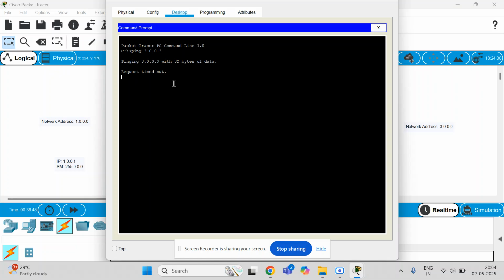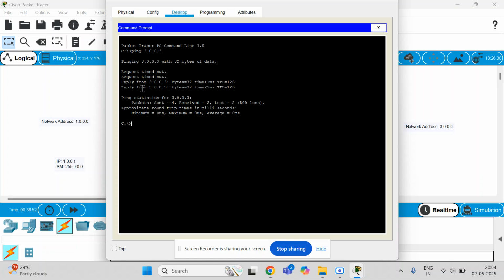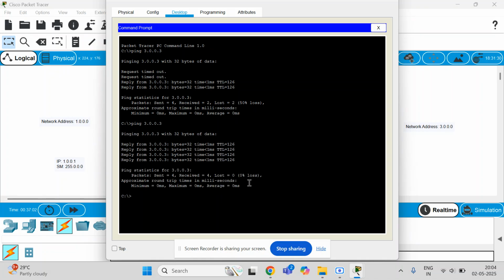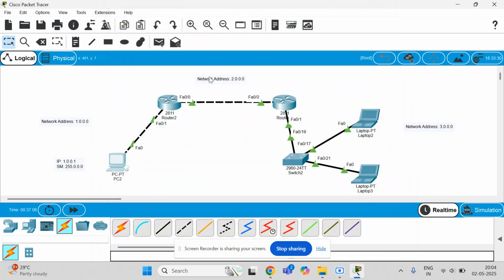Request timed out, request timed out. Now the ping comes. Two packets timed out and two packets received. Again I am checking. Yes, the ping is going. At the very first step it takes time, so the ping is going. So in this way you can configure static routing. Thank you.